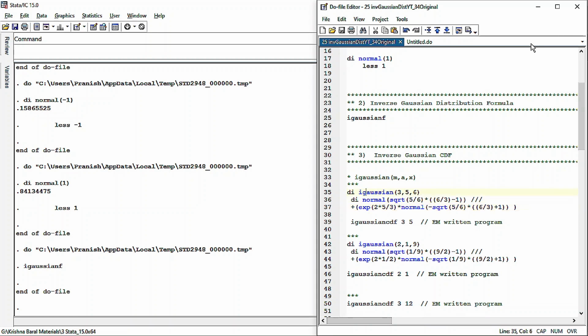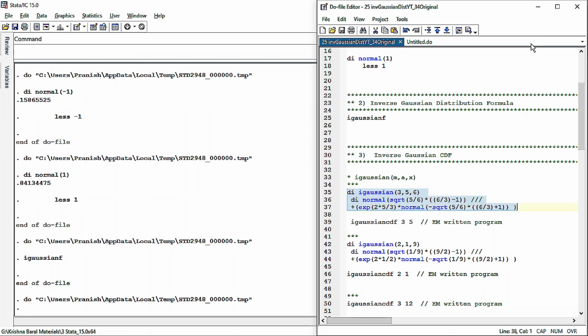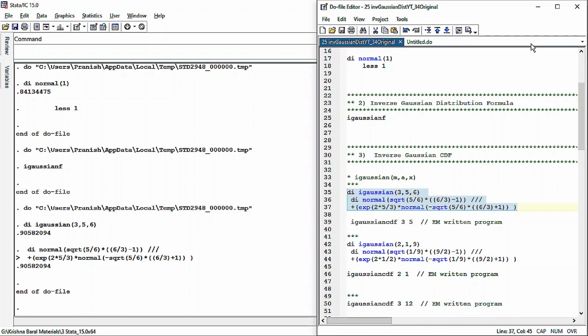Both of them should yield the same result, and the probability of getting 6 or less is nearly 91%. And this is the I Gaussian CDF.